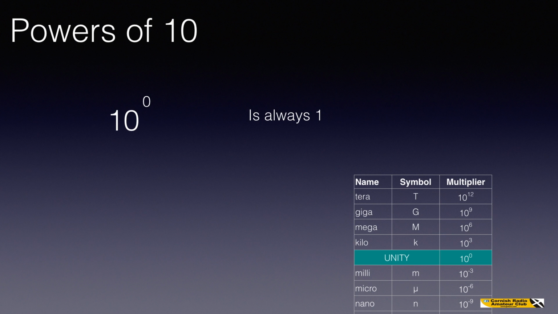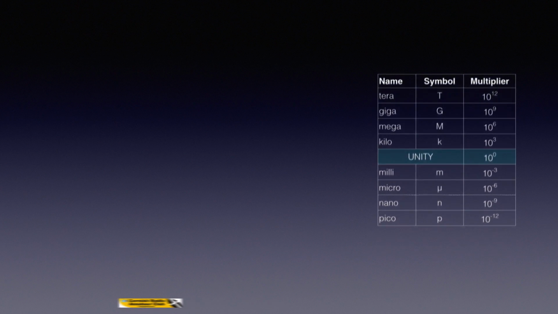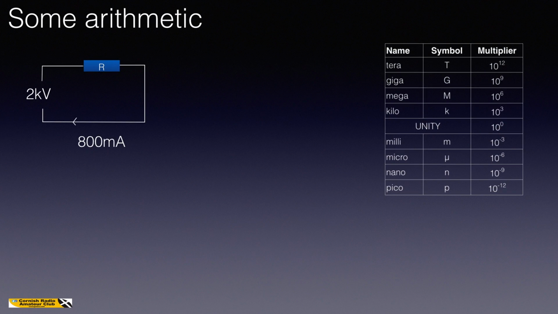Let's do some arithmetic. Let's say we had a simple circuit with 2 kilovolts driving 800 milliamps around a circuit through a resistor. And from the base units there, we know that the derived units, I beg your pardon, the ohms are volts over amps. And we know this from Ohm's law, R equals V over I. And in this case, it would be 2 kilovolts over 800 milliamps.